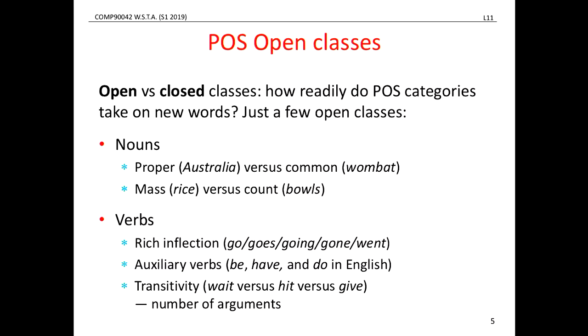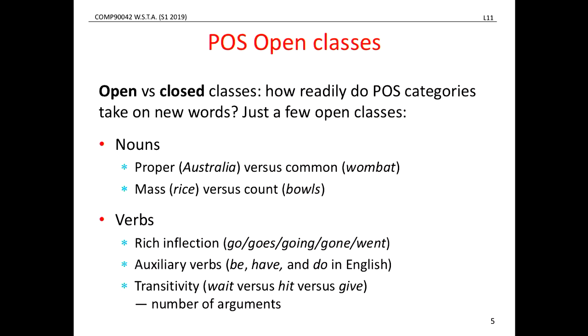Now, verbs, the other major class of open class words. There are a couple of other categories we'll get onto in a sec. Verbs are interesting because they have rich inflection. We talked about this when we were talking about morphology, in that we have agreement, we have tense, we have all these other aspects. So in this case, we have the verb to go, but we've got all these different variants of the same word.